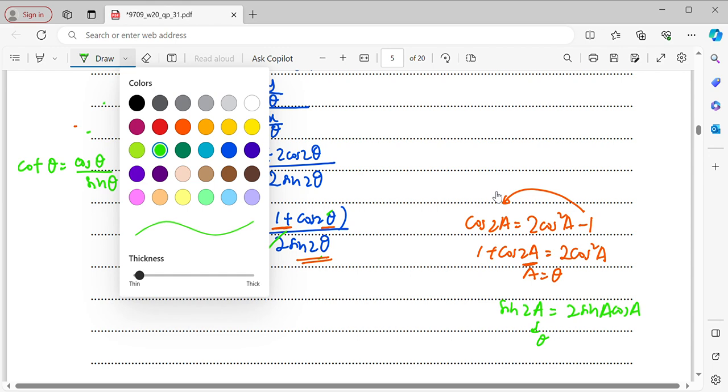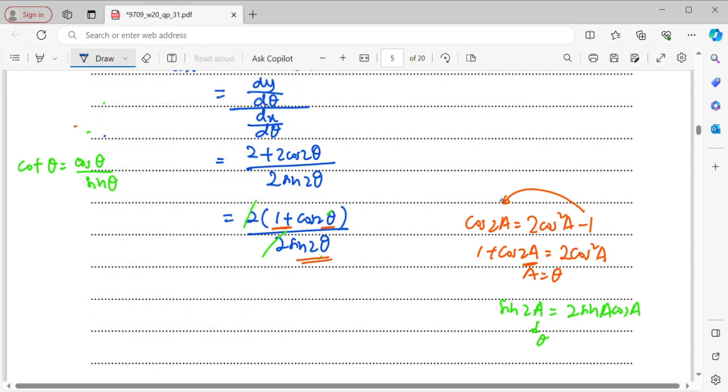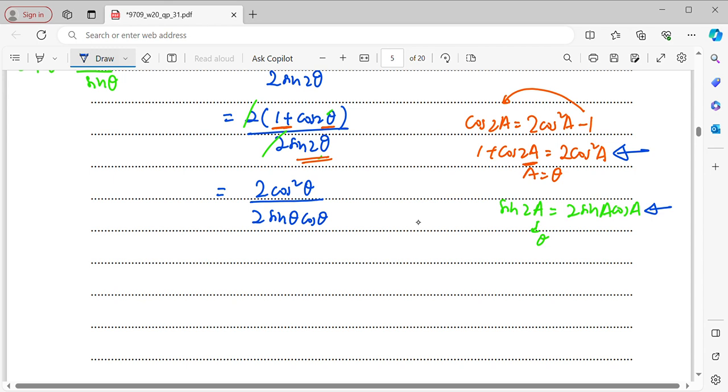Okay, so now by applying these two identities, we will be getting 2 cos squared theta divided by 2 sine theta cos theta. Then from here, the 2 will be cancelled off. Cos squared theta divided by sine theta cos theta.